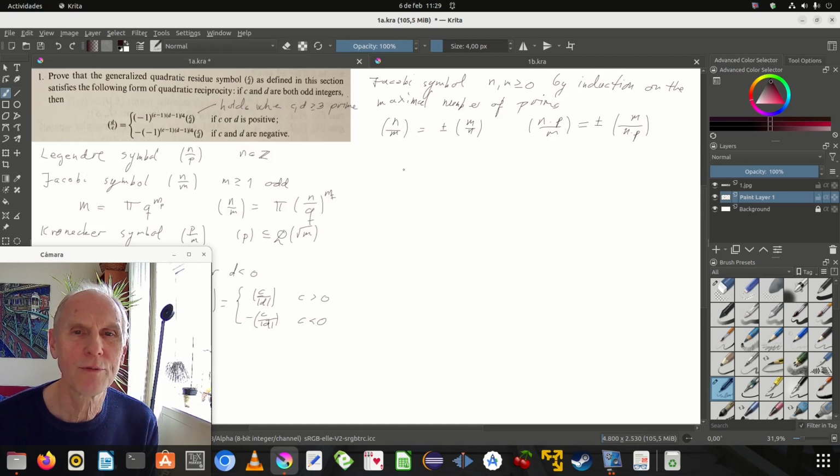Now, the definition of this, and then we use the reciprocity. And then we multiply them together.